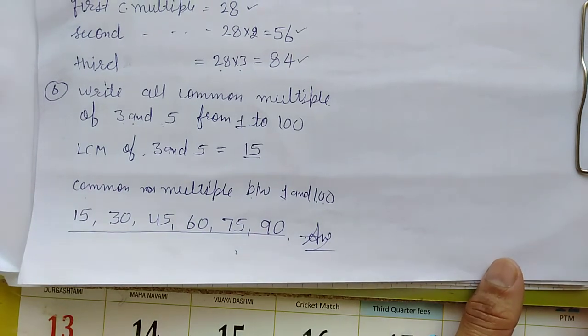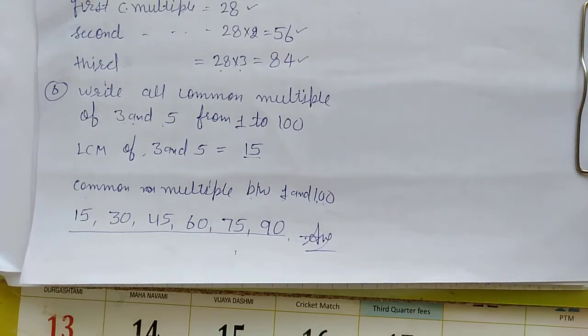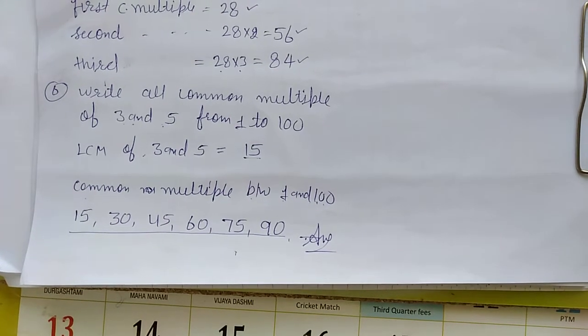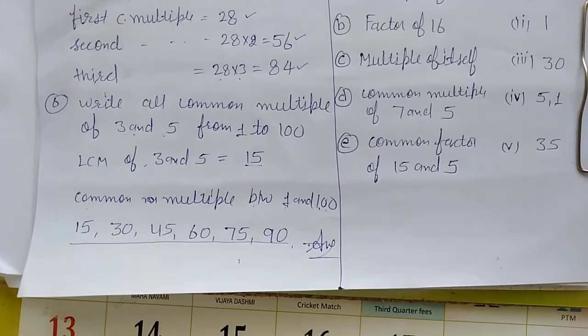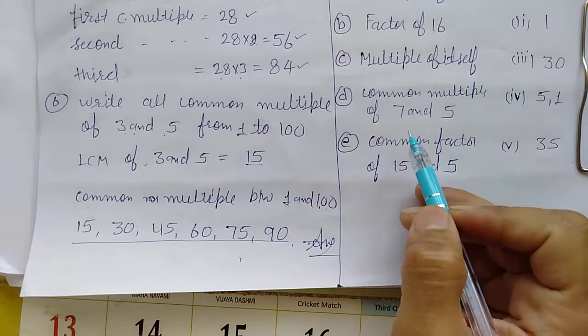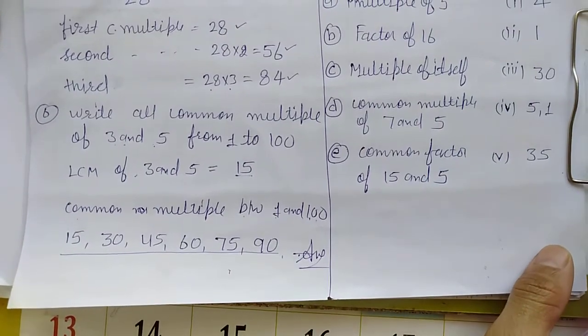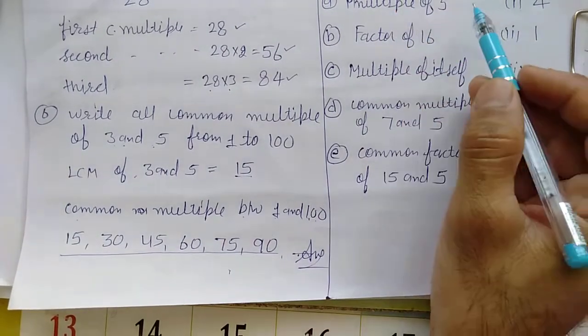In this one, the last question, match the column. In match the column, you will try to solve multiple of 3, factor of 16, multiple of itself, common multiple. You should try yourself and practice the same. Now see, this is your last question I have written here. The question is match the column.